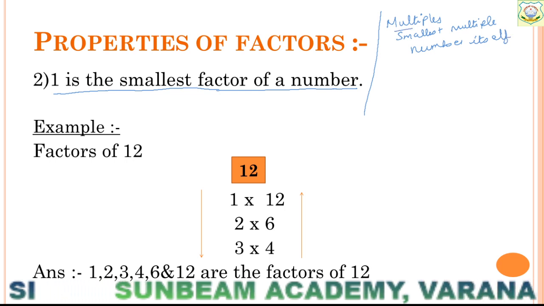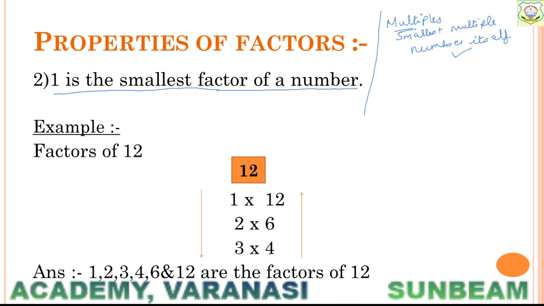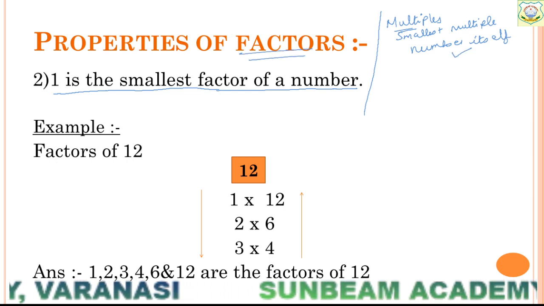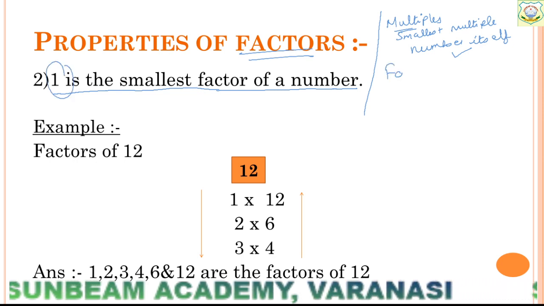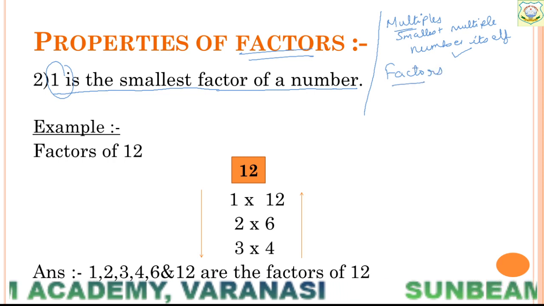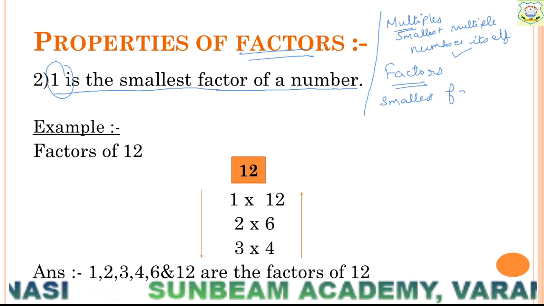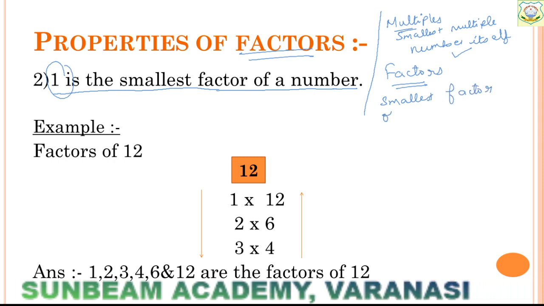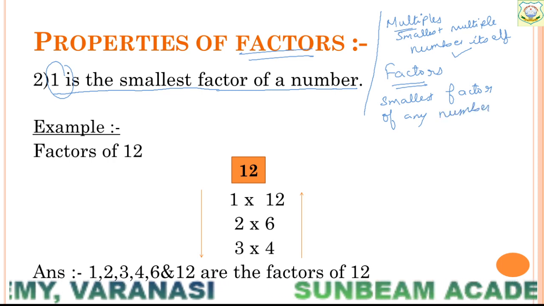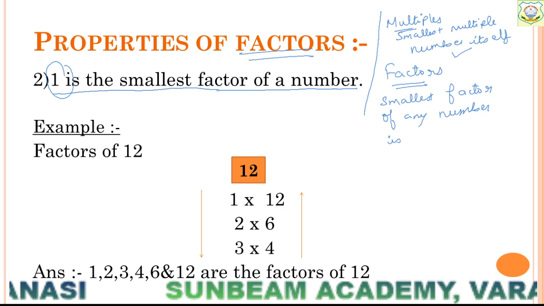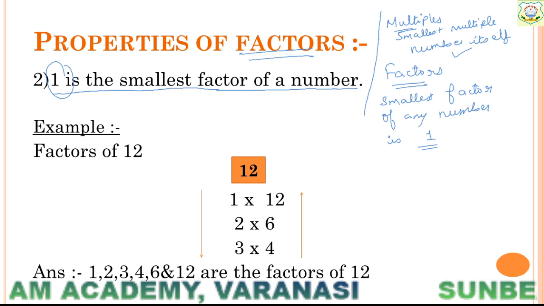Many times students get confused in this. The smallest multiple of a number will be the number itself. But when we are talking about factors, the smallest factor will be 1. I am writing here: when we are talking about factors, the smallest factor of any number is 1. Got it? So now don't get these two confused.